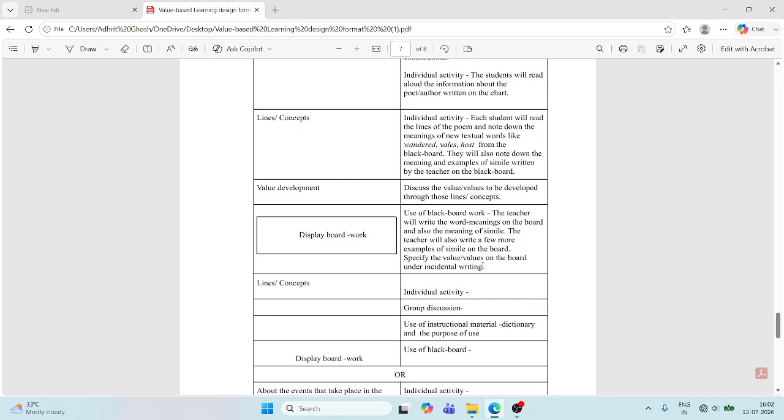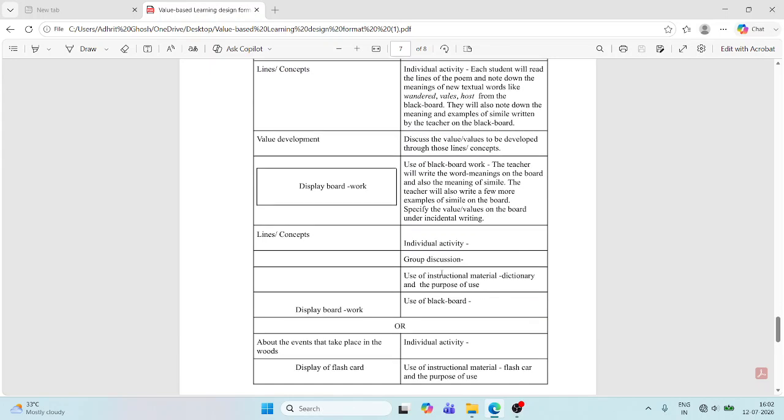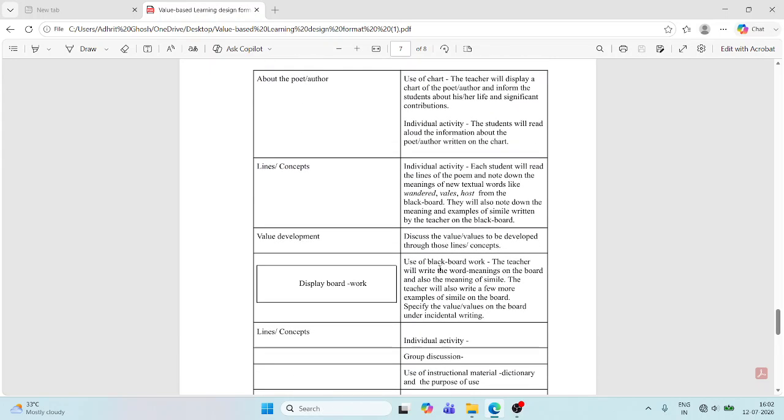All right. Otherwise, the conventional part, you don't need to do that in all the concepts. Only describe the other concepts, but in those concepts which are related to certain value development, there mention the values. All right. You don't need to mention values in each and every concept. All right.